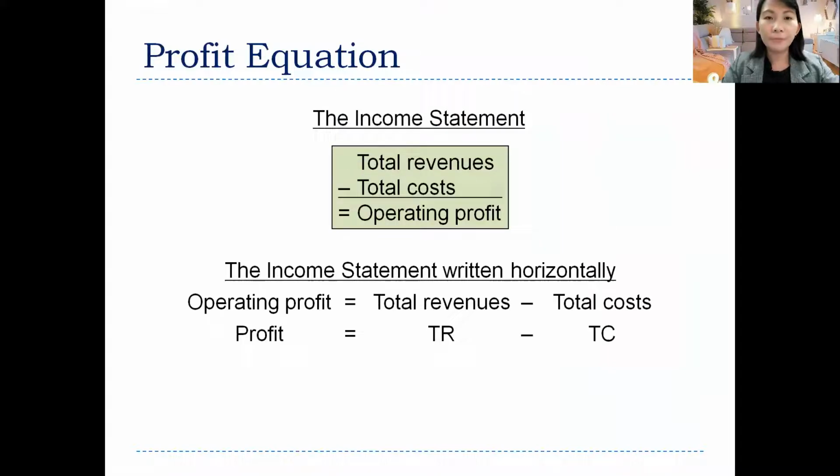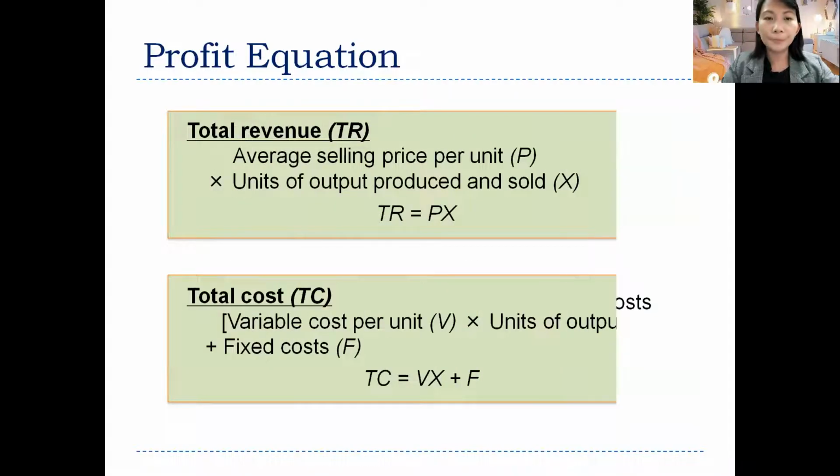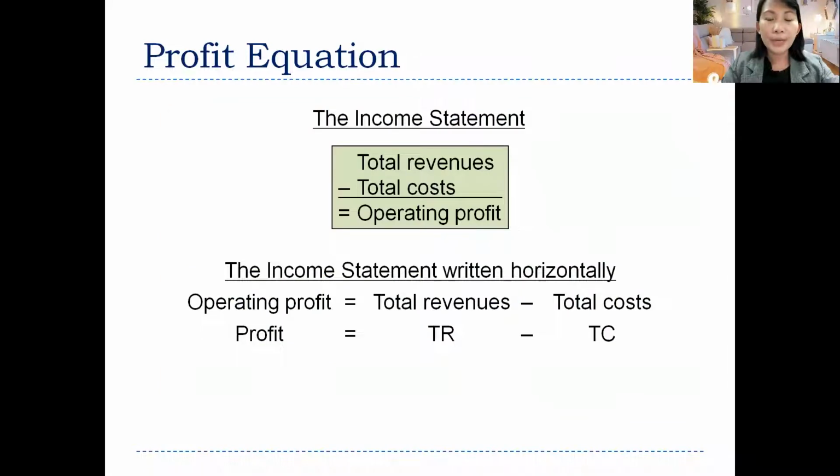Here, we have the profit equation. The income statement: total revenues minus total cost is equal to operating profit. The income statement written horizontally, we have the formula: operating profit is equal to total revenues minus total cost.